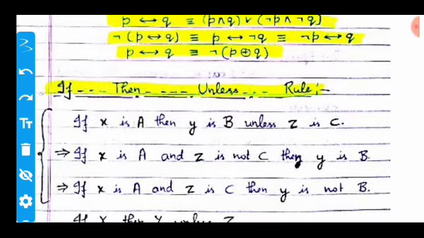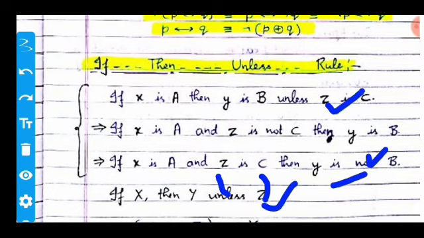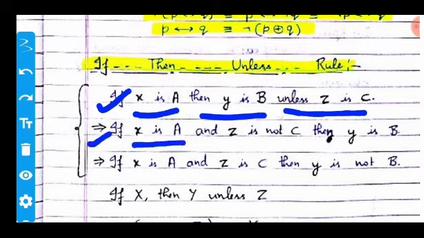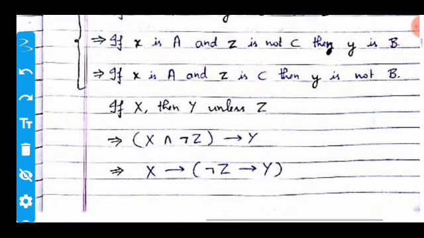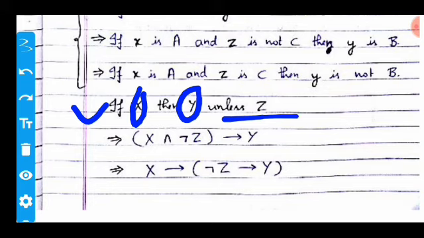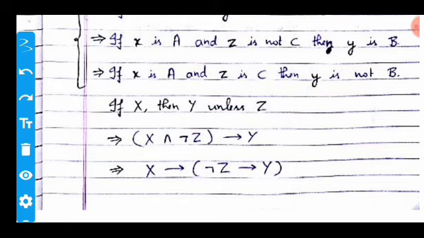There are some examples and some rules for the if-then-unless rule, meaning if X is A then Y is B unless Z is C. If X is A and Z is not C then Y is B. If X is A and Z is C then Y is not B. Meaning it is represented like: if X then Y unless Z. This is a really important expression which is used mostly in the GATE exam.